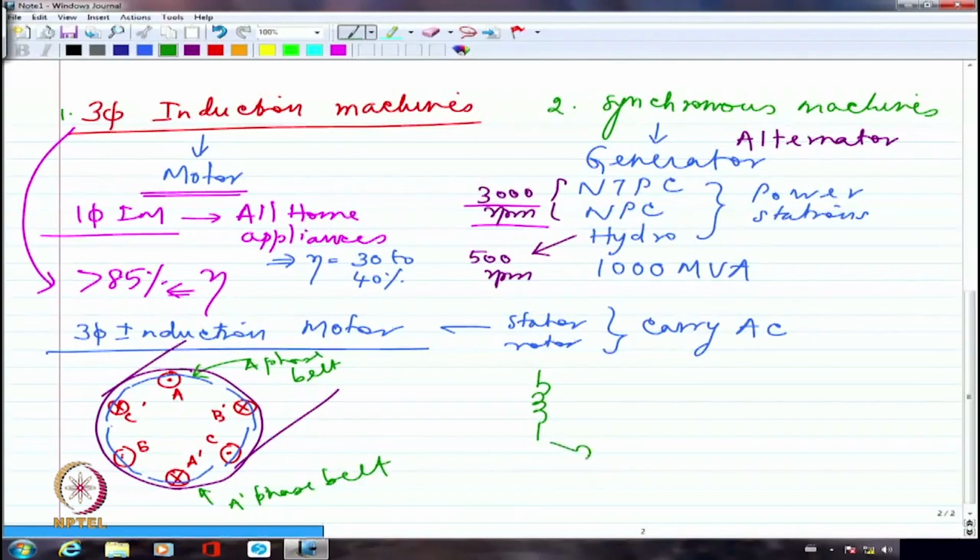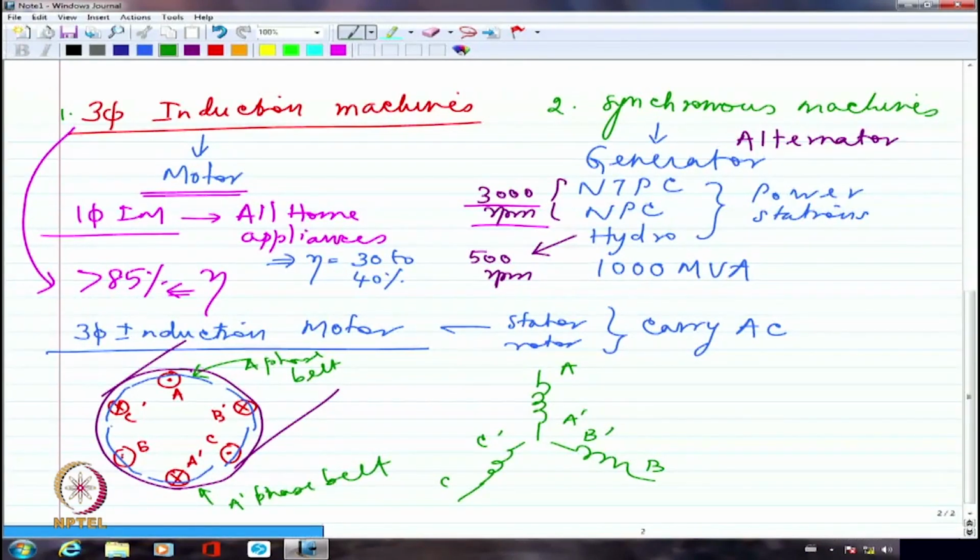So I am showing A, A dash, similarly B, B dash and C, C dash. I can connect them in star or delta according to my requirement. No problem, right? If I bring out both the terminals, I should be able to connect them in either star or delta. Not a problem.